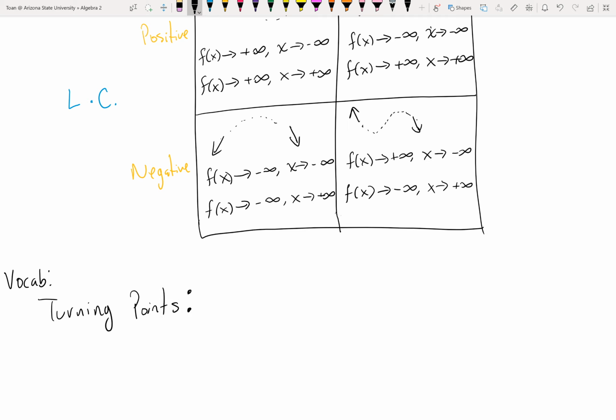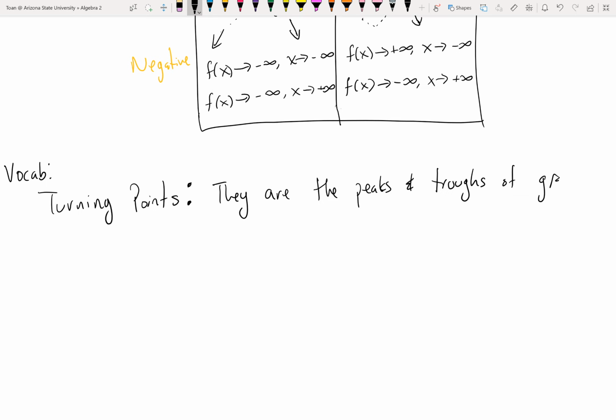So in the graph of a polynomial function, turning points are the peaks and troughs of polynomial graphs.